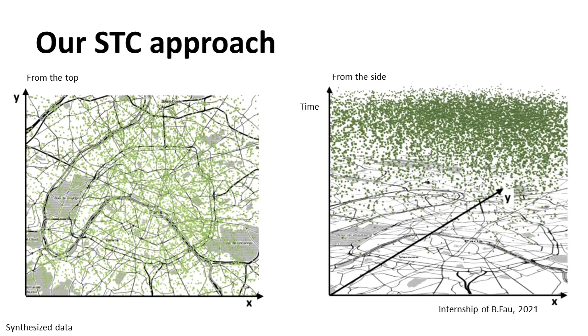So like I said before, we also worked on the space-time cube approach, where we first chose to represent each case by a point, forming a 3D point cloud. This representation quickly showed a problem of visual cluttering due to the amount of represented data.